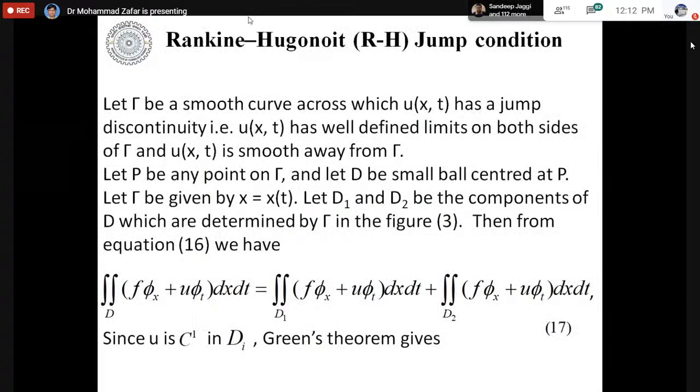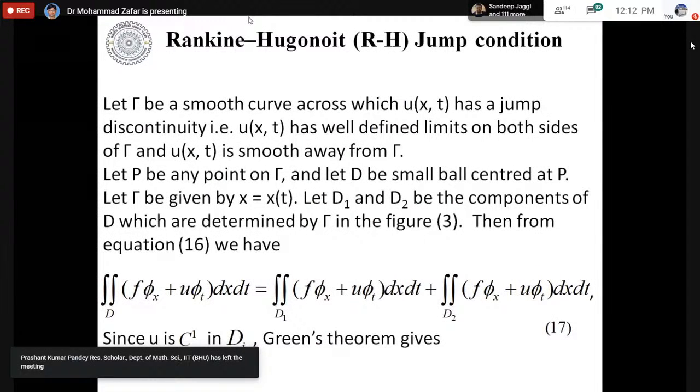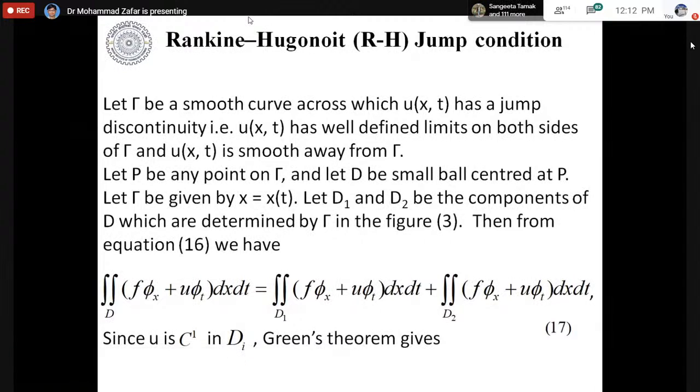So you see here, from the same equation 16, we have the double integral over the region D, this disk D, of f phi x plus u phi t dx dt can be written as the sum of two integrals on D1 and on D2. Same integral but on D1 and D2. Since u is C1 in Di, where i is 1, 2, Green's theorem can be used here to write equation 17 as follows. Proceed please.